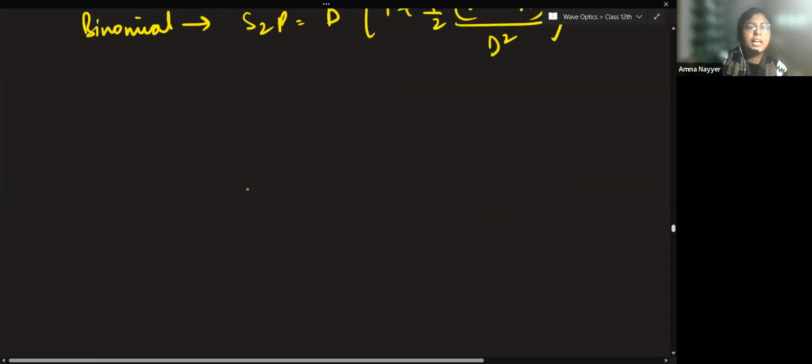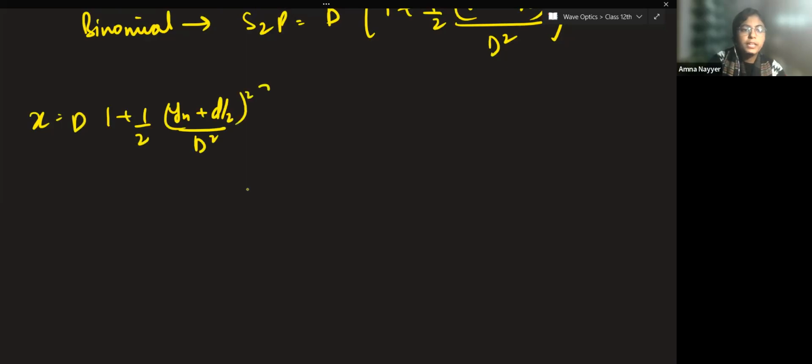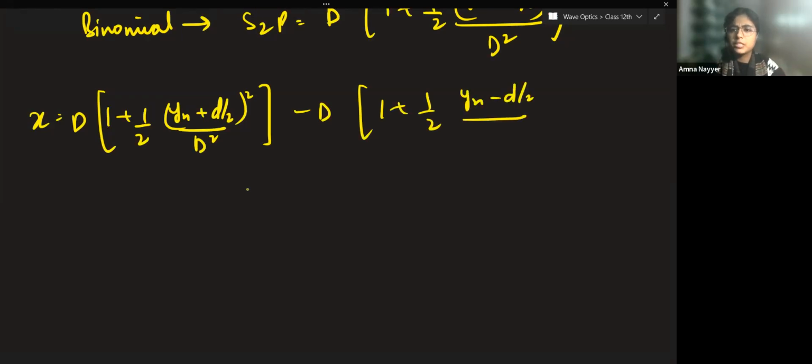See, this is what we are calculating. X will be D times 1 plus half of yn plus d by 2 whole square by D square, minus D times 1 plus half of yn minus d by 2 whole square by D square. Both the equations, I'm simply putting into the equation.